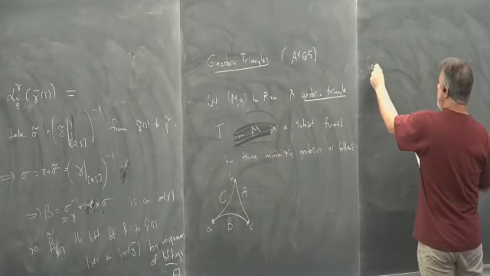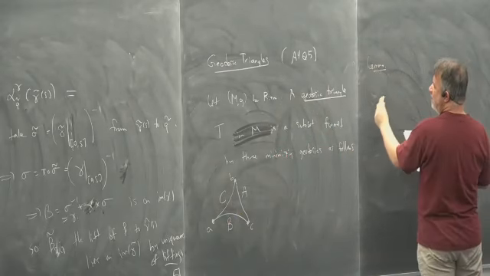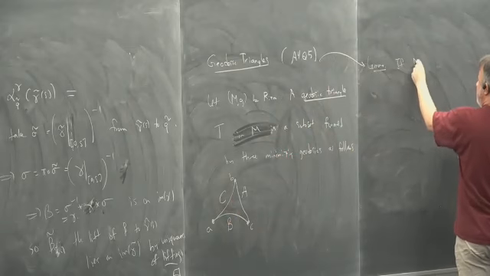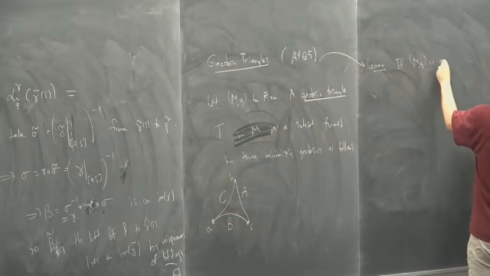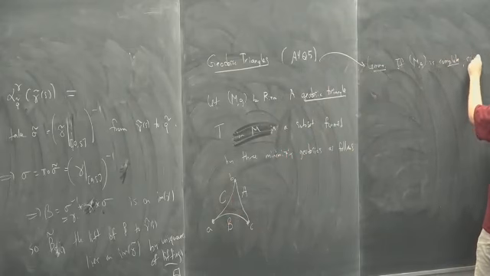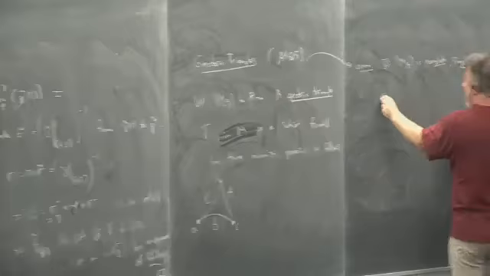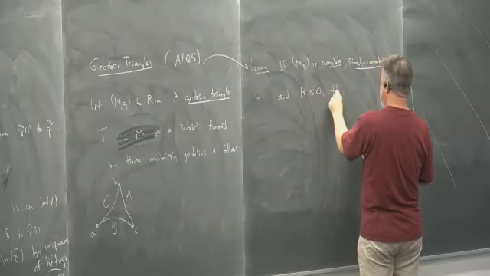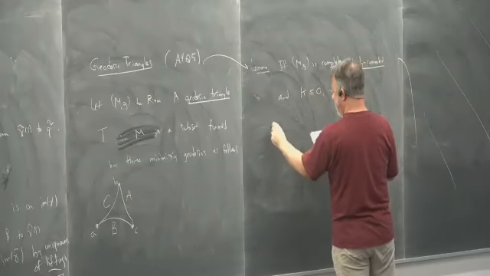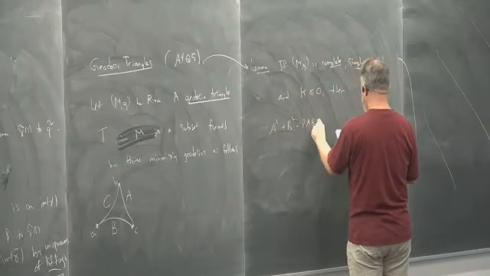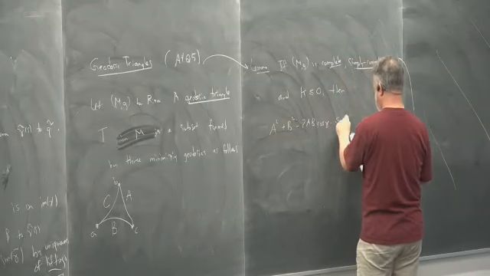And then here's this lemma, which you proved on this assignment. If your Riemannian manifold is complete, simply connected, and has non-positive curvature, then a squared plus b squared minus 2ab cosine gamma is less than or equal to c squared.